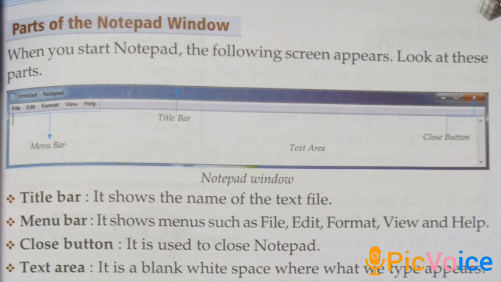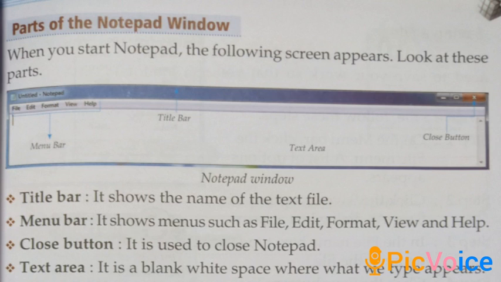Dear students, parts of the Notepad window. What are the parts of the Notepad window? There are 4 parts. One is title bar, next menu bar, close button and text area.